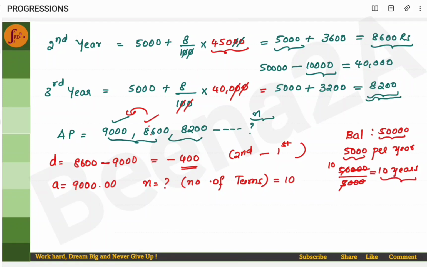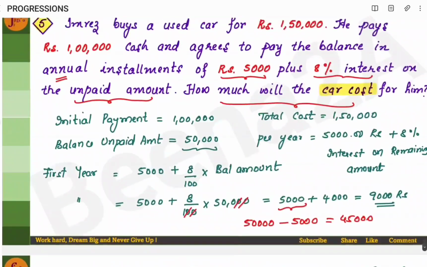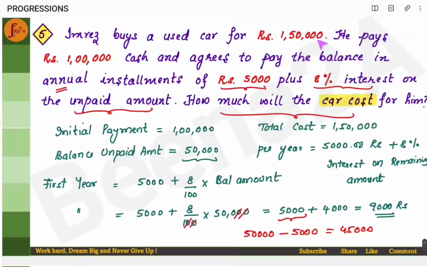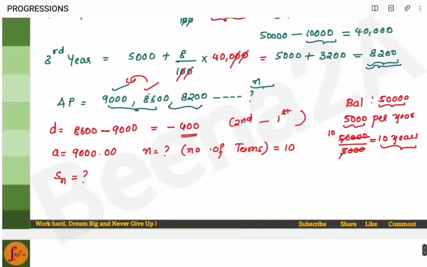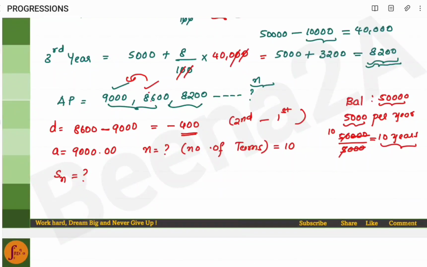N is 10. What is it we have to find out now? We'll have to find Sn. What is Sn? The final cost price of the car is going to be 1,50,000 plus the interest amount, right? Now that is nothing but Sn. Remember one thing, in this arithmetic progression he has made 1 lakh as the initial investment.